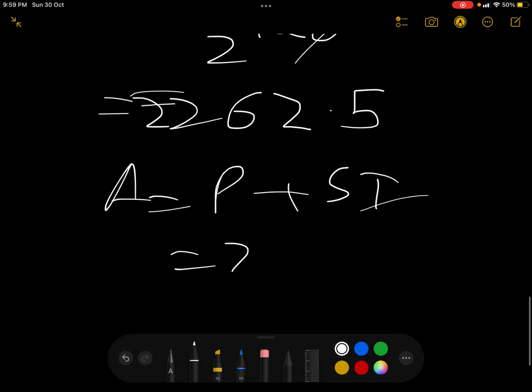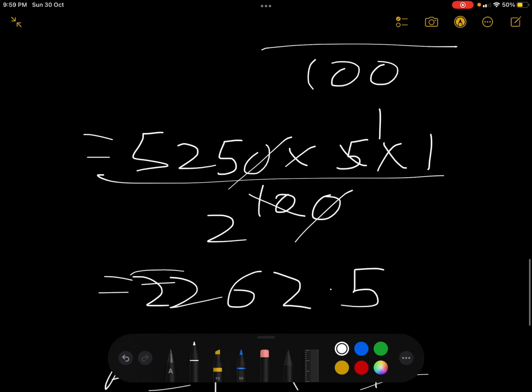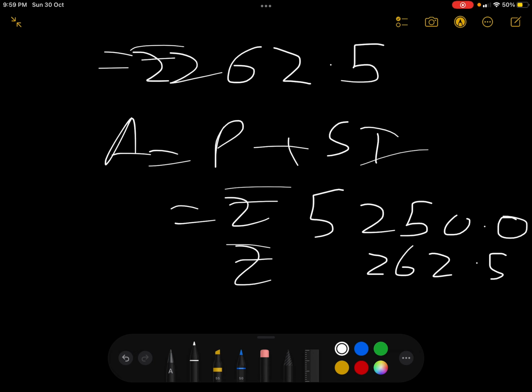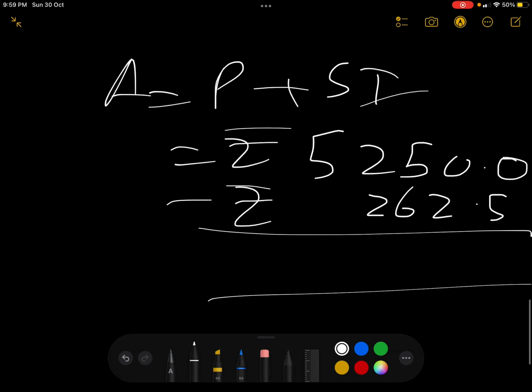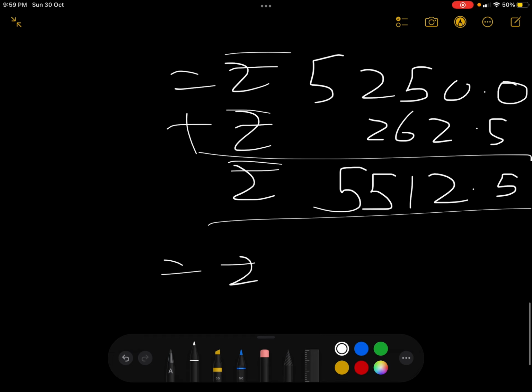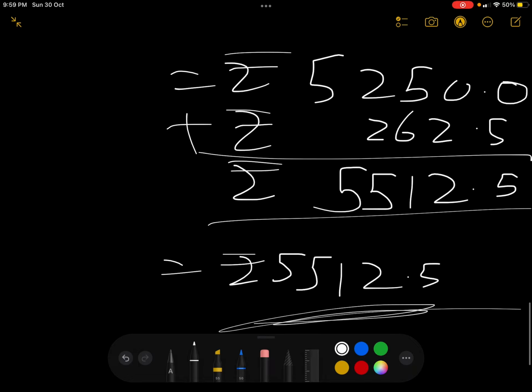Here we take 5,250 as the principal and then add 262.5 to it to get a total of rupees 5,512.5. So this will be your amount now.